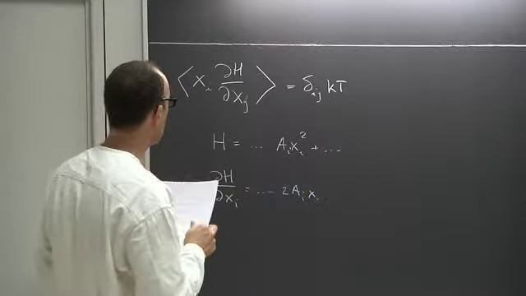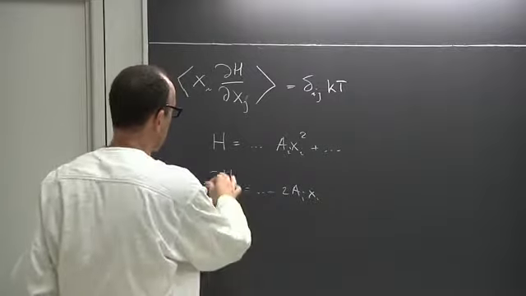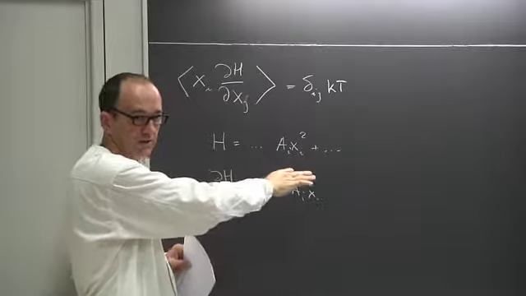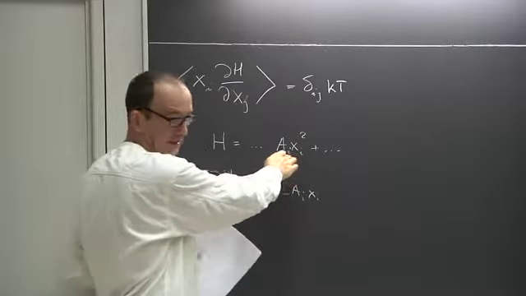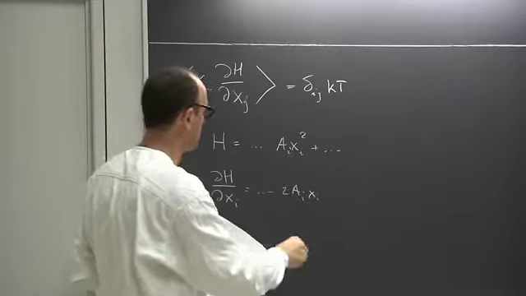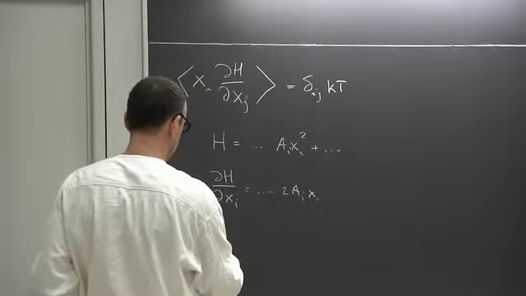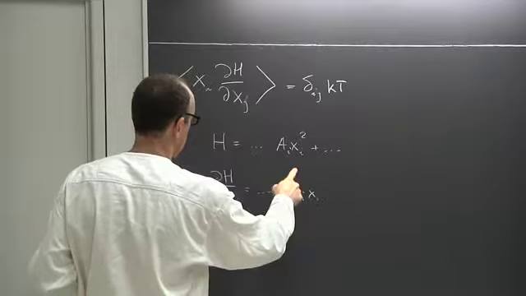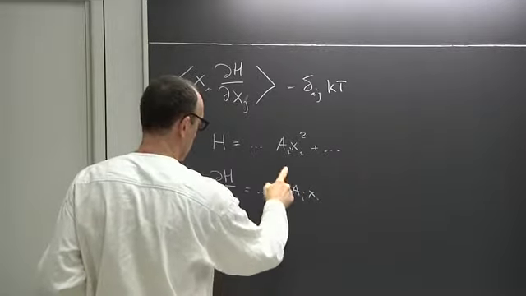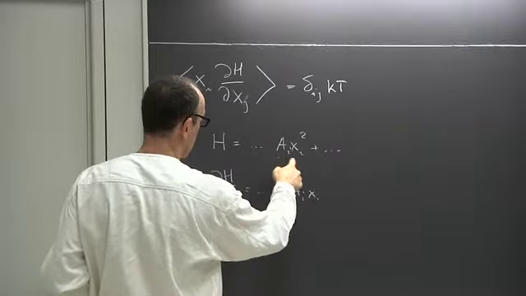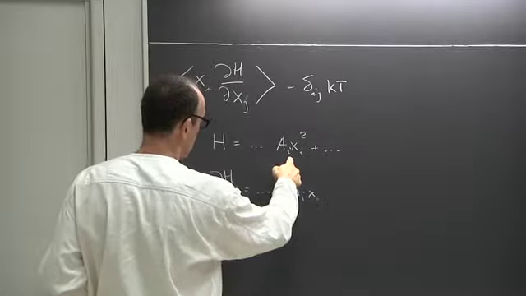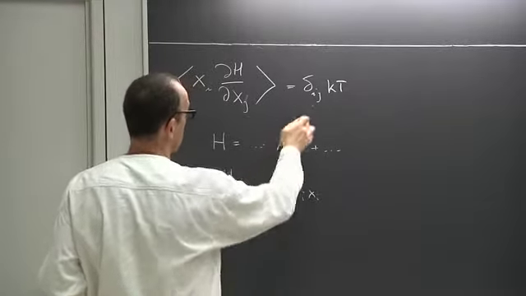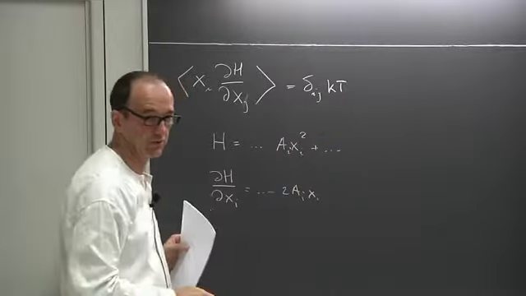Okay, so for any degree of freedom which enters into the Hamiltonian quadratically, this result implies that the average contribution of this degree of freedom to the Hamiltonian, to the energy, is equal to kT divided by 2.